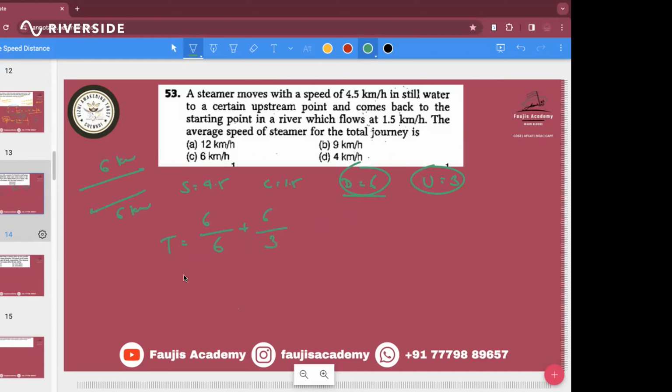Upstream, it's 3. So the total time, the total distance is 6 plus 6, 12 kilometers. Dividing 12 by 3 is nothing but 4. Right, guys? Yes, sir.